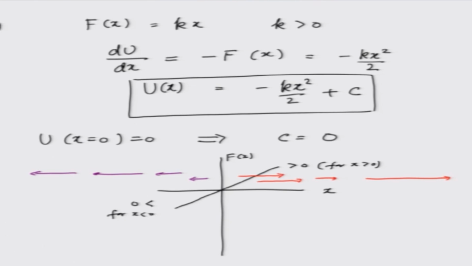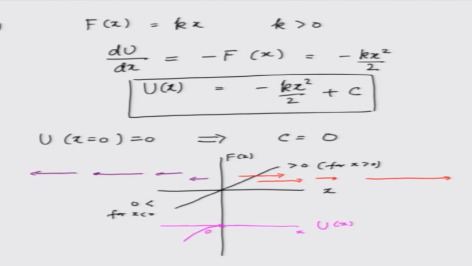So, from the force graph, this is what you see, and now I will show you how the potential energy makes this look very easy and nice. If I plot Ux versus x, let us say this is 0 of Ux, the potential energy that we got is minus Kx square by 2 plus c, where c is 0.